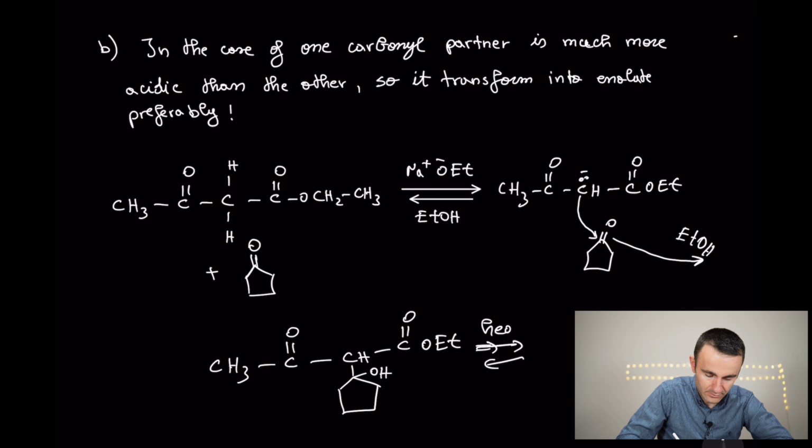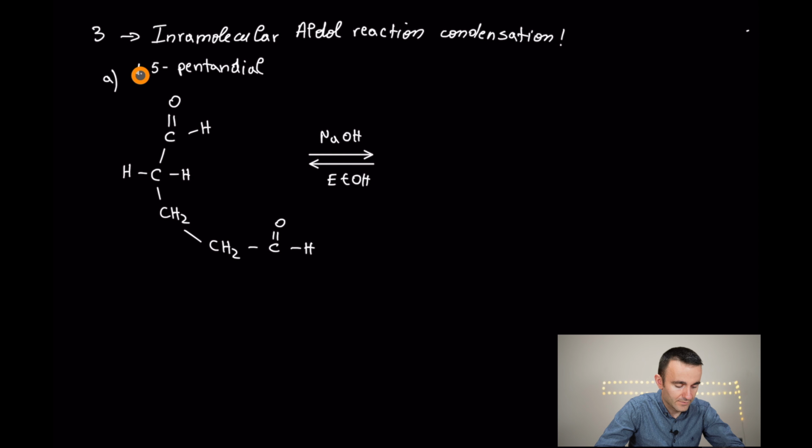Now, third case, intramolecular aldol condensation reaction. You have to be careful here about the formation of multiple products. In this case, a single product is going to be formed. So what is going to happen? First, it's 1,5-pentanedial. So what is going to happen?